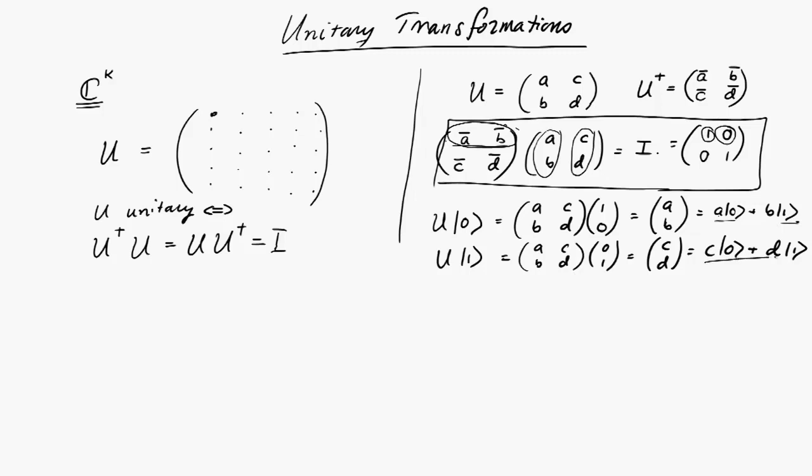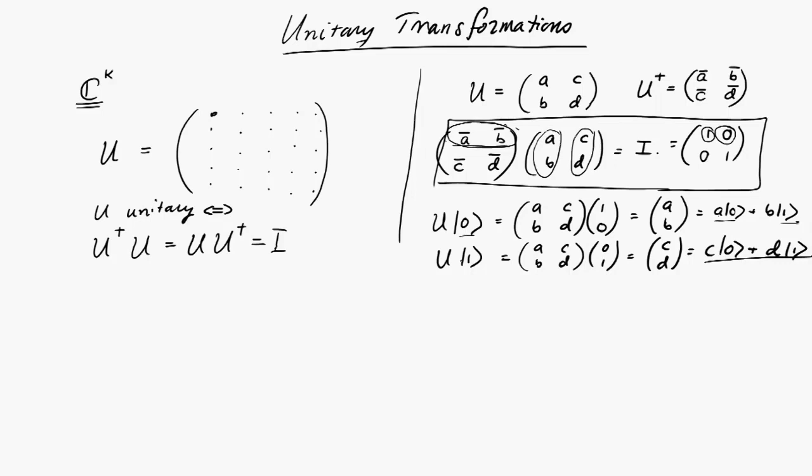And similarly, the length of this vector is 1. So what this tells us is that what a unitary transformation does, at least for 2 by 2 unitary, is it maps the 0 vector and the 1 vector both to unit vectors, which are also orthogonal to each other, which is what we expect from a rotation of the space.